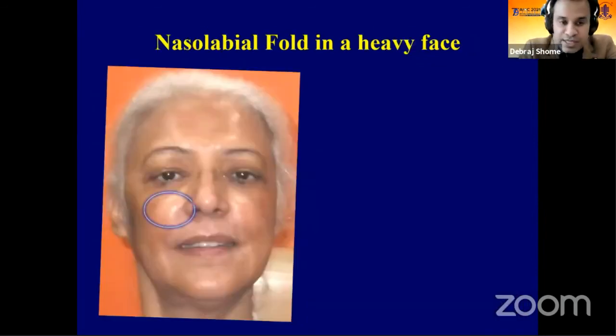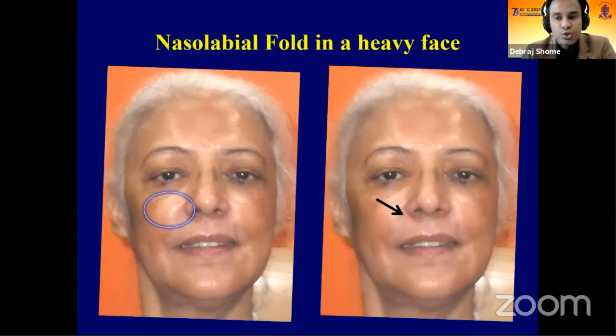However, when you see certain people with very heavy faces, please note here that there is not only a valley in the nasolabial area, but there is also a mountain in the nasolabial area. So what is happening is that all the tissues are moving downwards and medially. And if you need to create anti-aging, you actually need the tissues to go upwards and laterally.